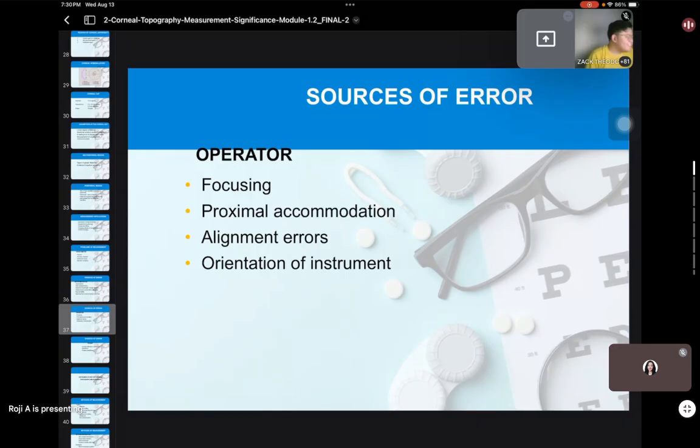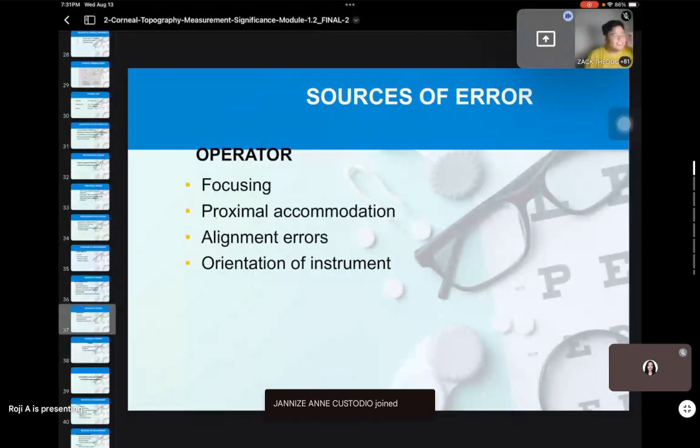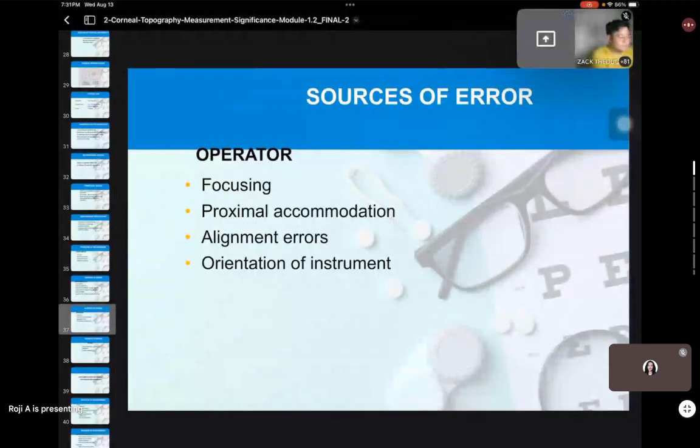Cycloplegia. Correct. It's called wet refraction, right? Paralyze it. Because a plus lens may not be enough. Though a plus lens helps relax, there's still that remaining action of the muscles, right?